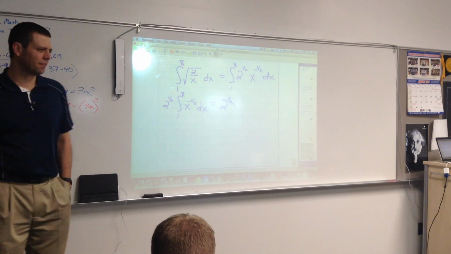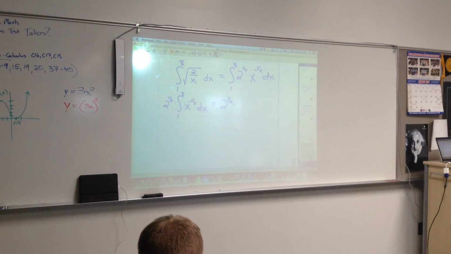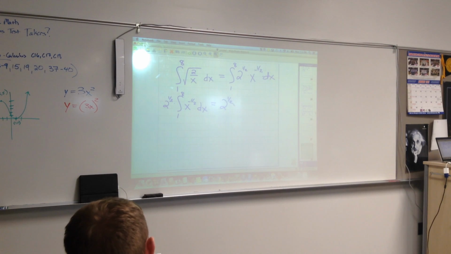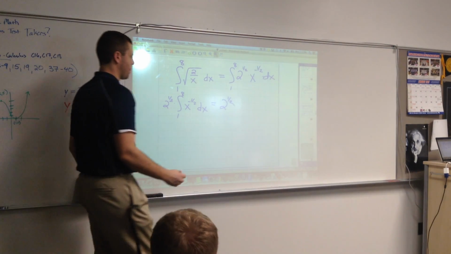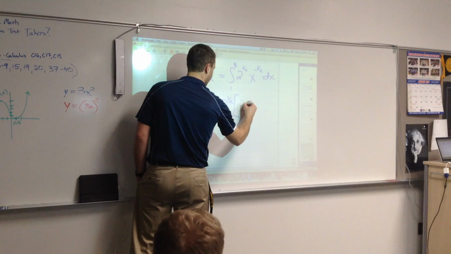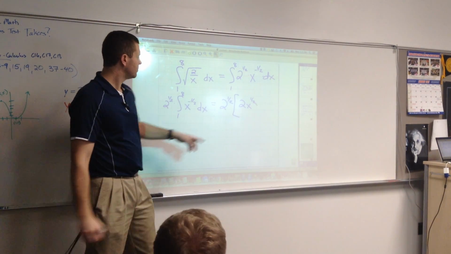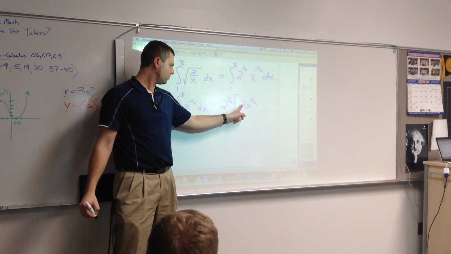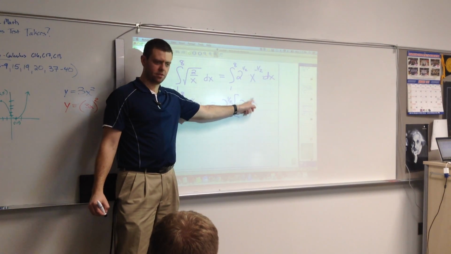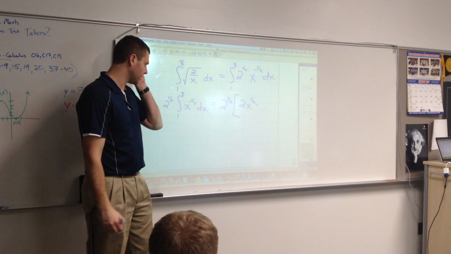Antiderivative of x to the negative 1/2. 2x to the 1/2. That work? Well, it's 1/2 times 2, 1, and then x to the negative 1/2. So, yep, that looks good.